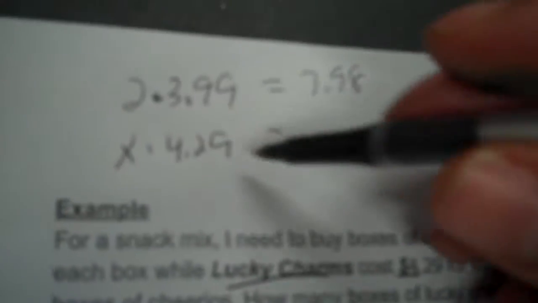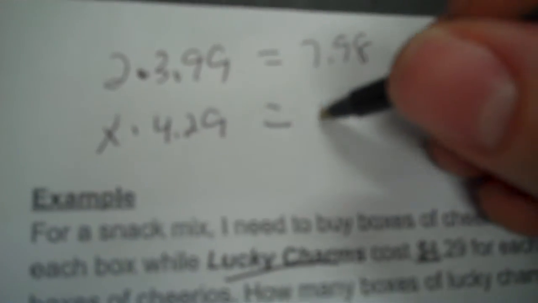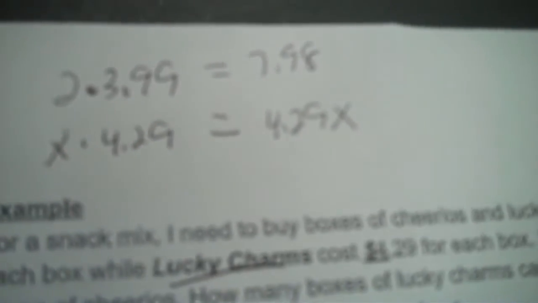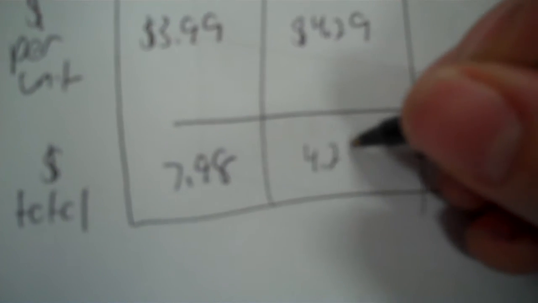The Lucky Charms total I can't find, so I put the 4.29 as a coefficient and then X behind it. It's got to be the coefficient number followed by the variable. The variable is a letter. So there's your equation: 7.98 plus 4.29x equals 20.85.